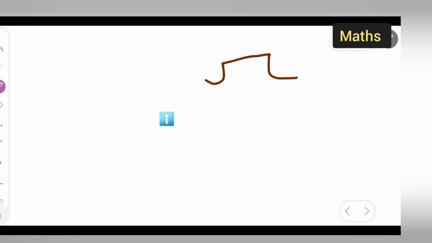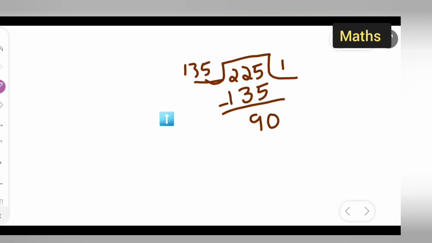So here is your smaller number, 135, and here it will be 225. Now 135 ones are 135, and if you subtract this you will get 90. But don't write down the subtraction sign over here.